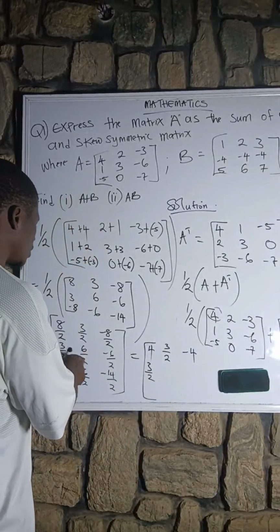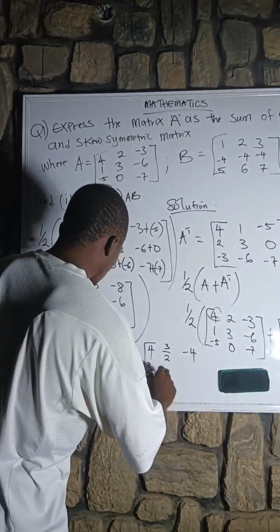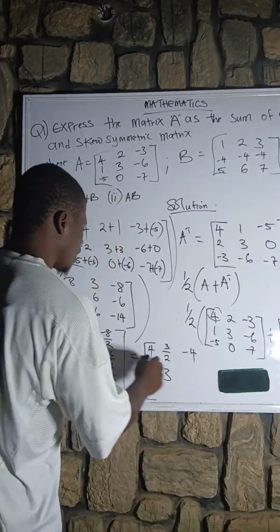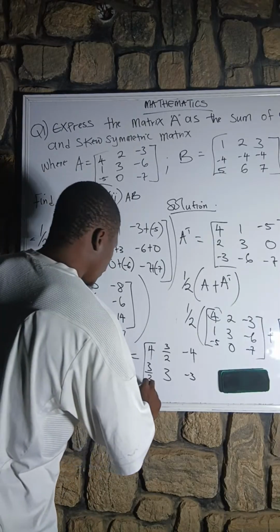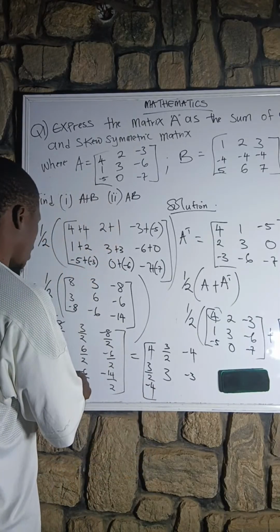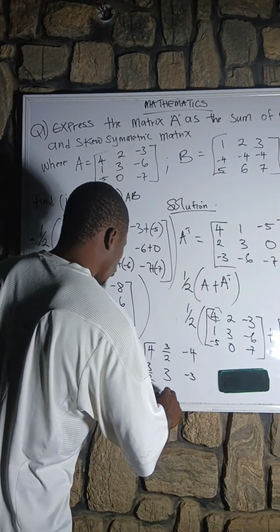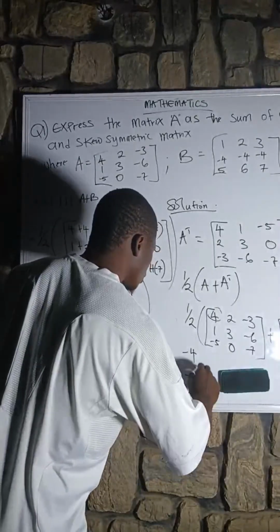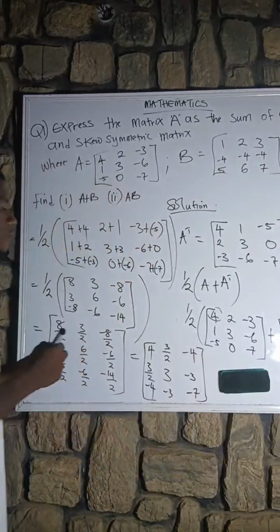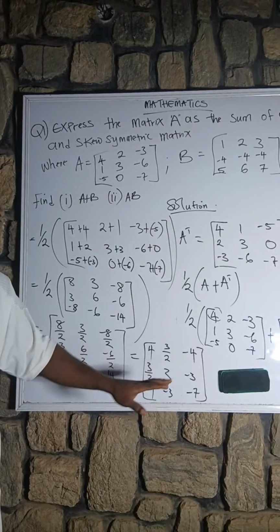And then 6 divided by 2 will give us a 3. Minus 6 divided by 2 will give us a minus 3. Minus 8 divided by 2 will give us a minus 4. Minus 6 divided by 2 will give us a minus 3. And minus 14 divided by 2 will give us a minus 7. This is where we have come so far.